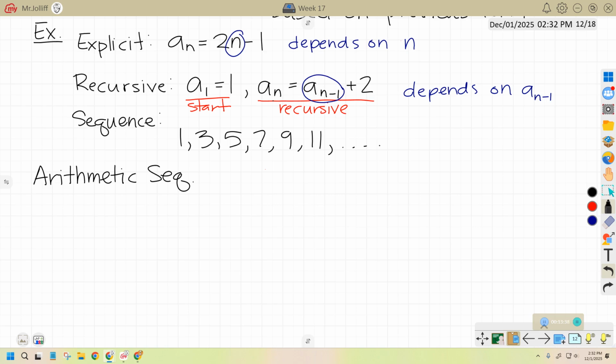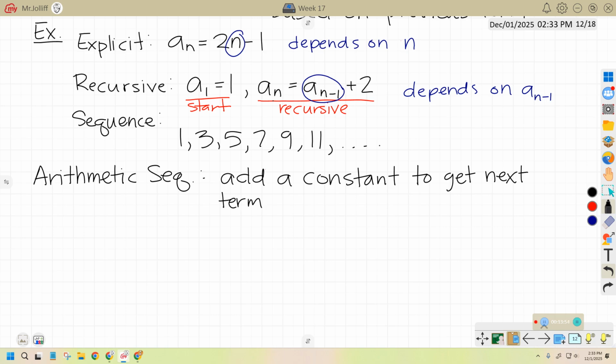Adding, yeah, good. You add a constant to get the next term. We called that constant the common difference. I'm not going to ask that you remember that, but yeah, we add a constant to get to the next term.